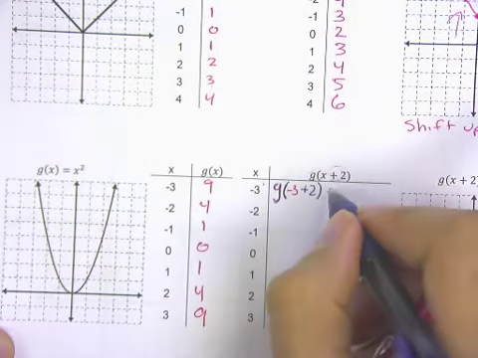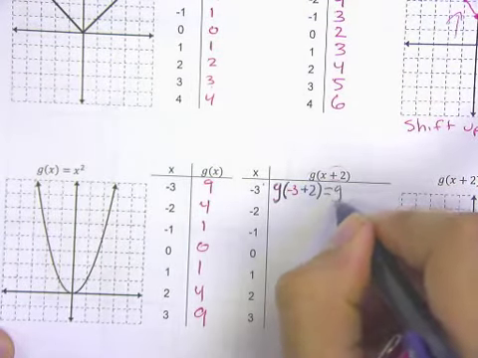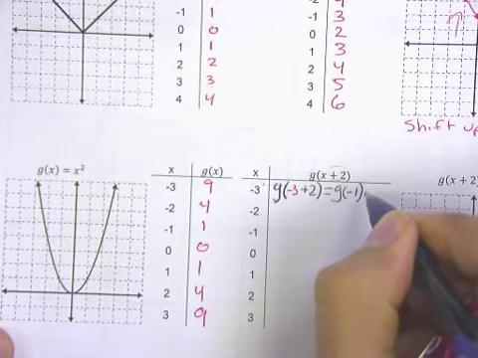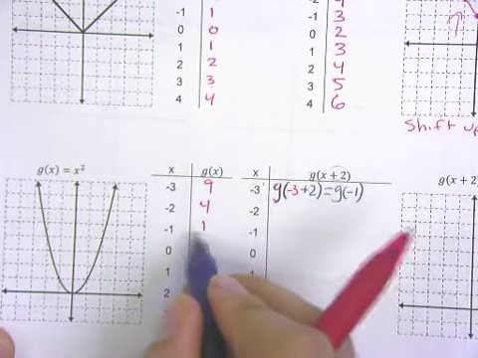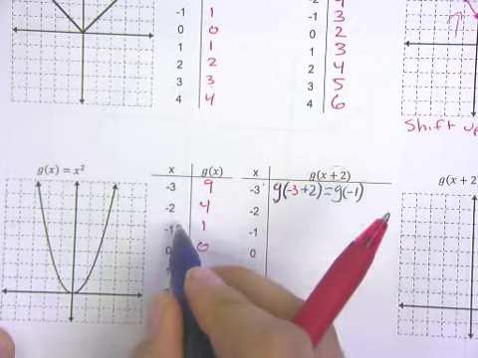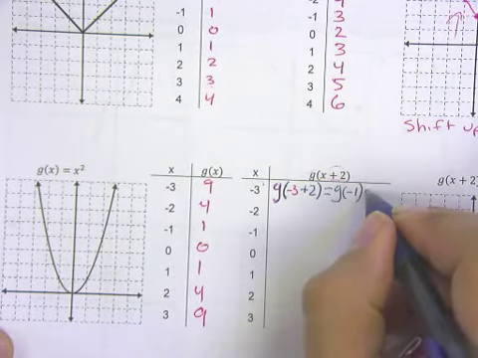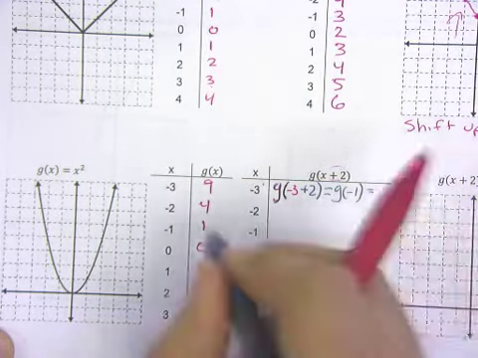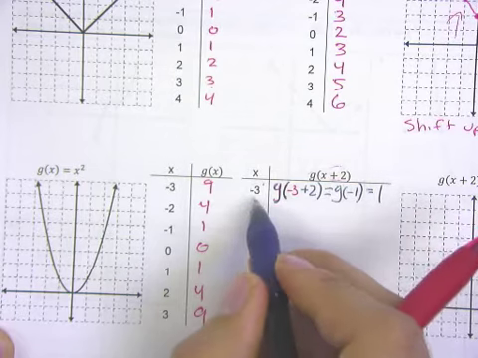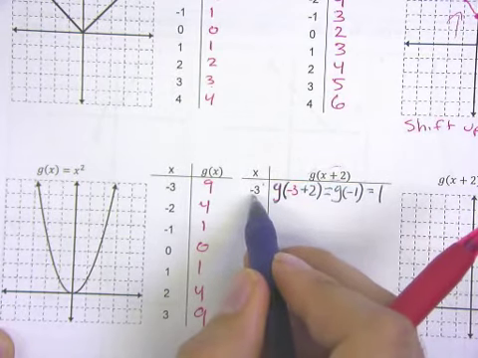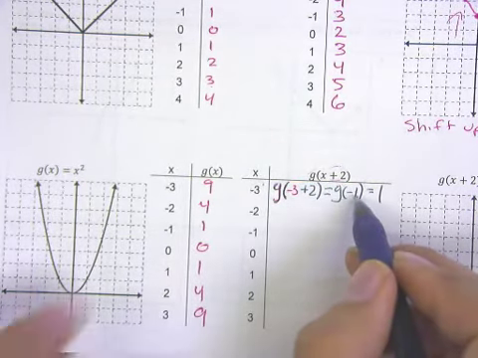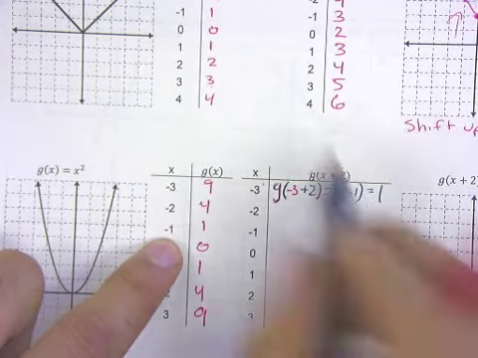Well, negative 3 plus 2 is just negative 1. And g of negative 1 is down here, two units higher, greater than negative 3. So that would be 1. So when our input here was negative 3, we got the output that we're used to getting from negative 1.